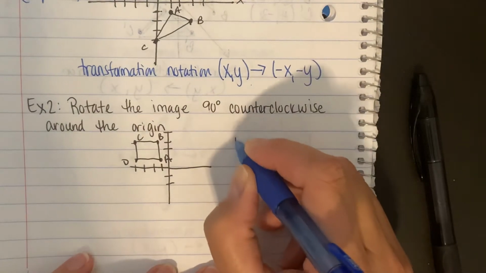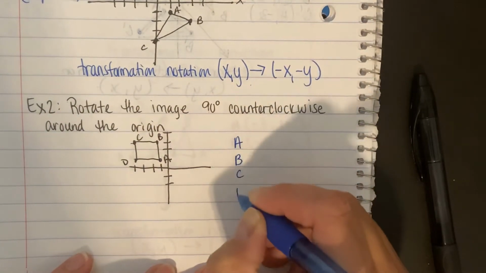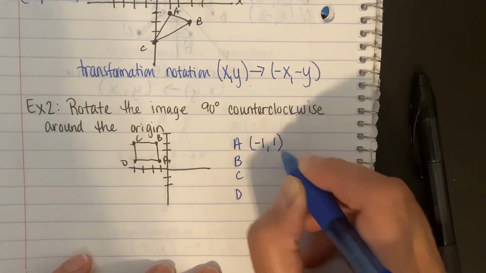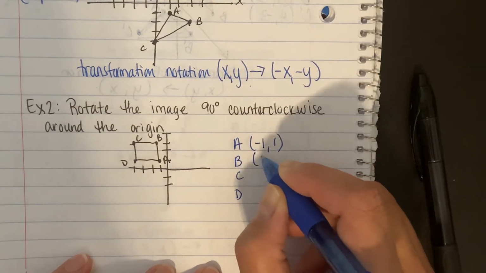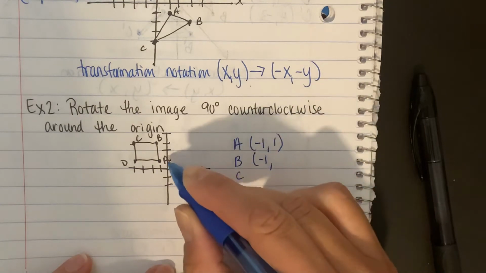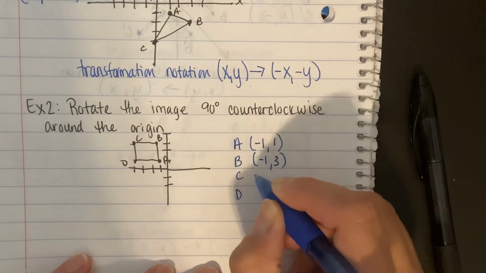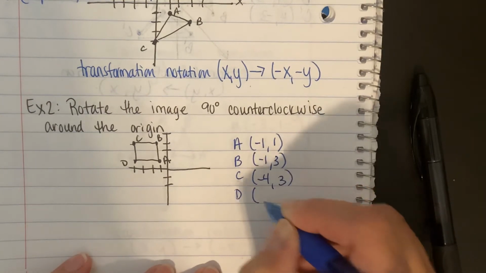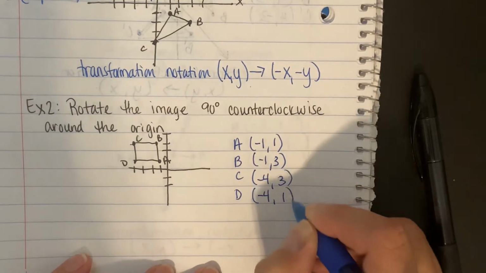Here are the points. A, B, C, D. A is at -1, +1. B is at -1, 1, 2, 3. C is at -4, 3. And D is at -4, 1.